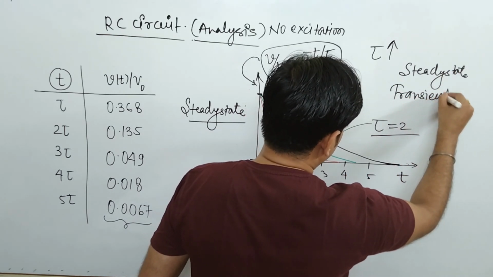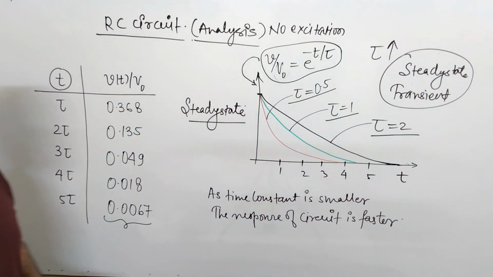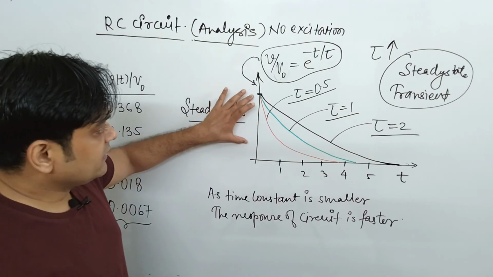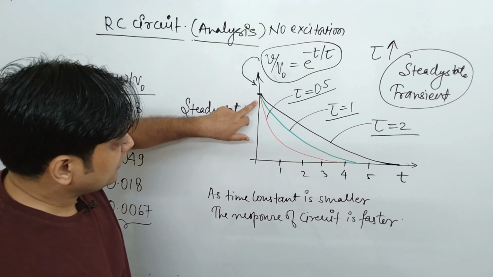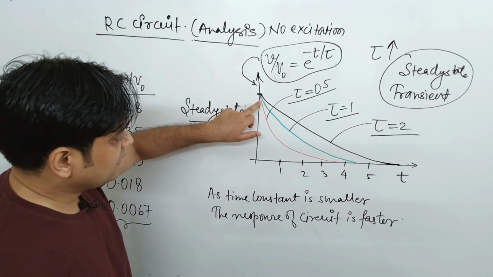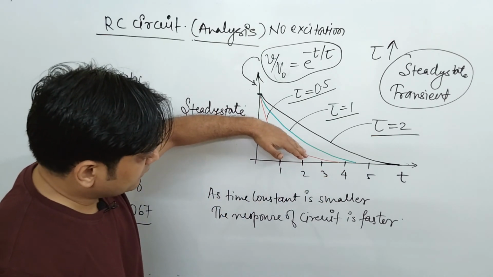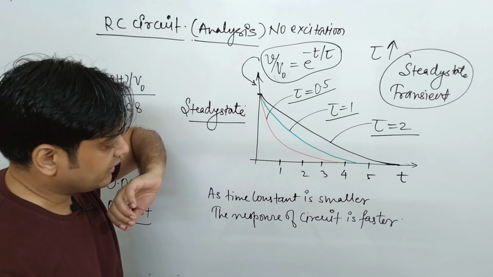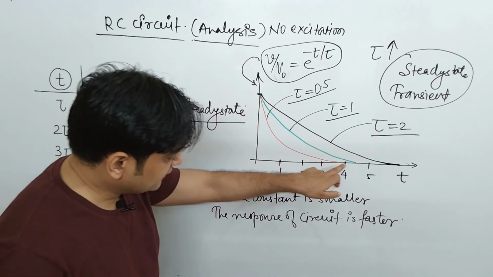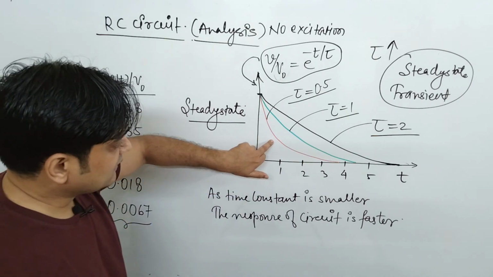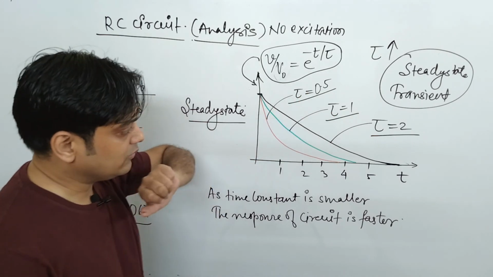We will understand both these terms in detail, but for the time being just try to understand that as the value of time constant is smaller, the response will be faster, or you can say this curve will decay earlier in comparison to the one whose time constant is higher. See, this is a lower time constant and the circuit settles down earlier in comparison to the one whose time constant is higher than this value.